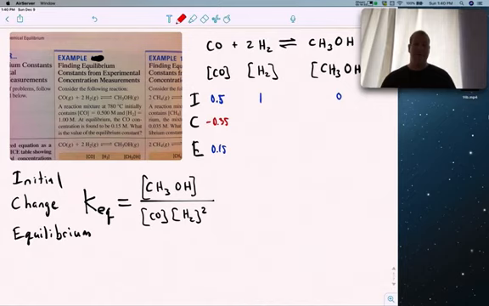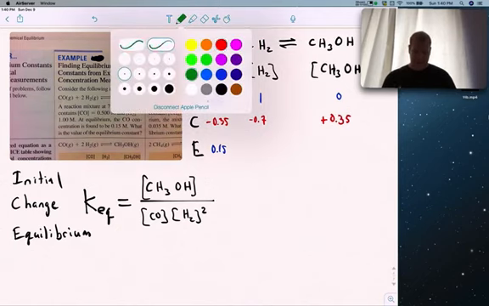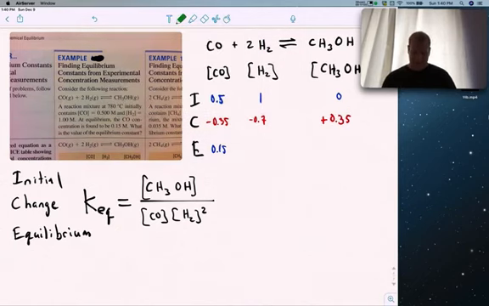If it starts off at a half and comes to 0.15, we've lost 0.35 molar. And notice hydrogen has a 2-to-1 ratio, so we're going to lose 0.7 molar of that, because of the 2. And then methanol, we're going to gain 0.35. And that tells us then that hydrogen is going to be 0.3 molar and methanol is going to be 0.35 molar.